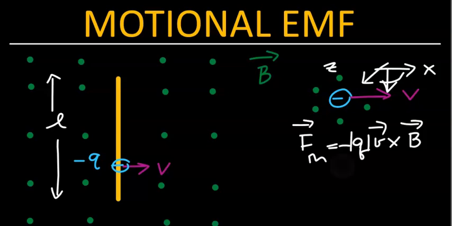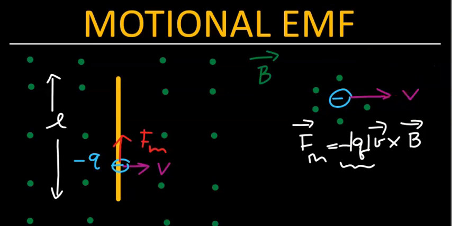However, since the charge is negative, the negative of that negative y-axis is a positive y-axis. So the direction of this magnetic force on this negative charge is actually going upward, like that.